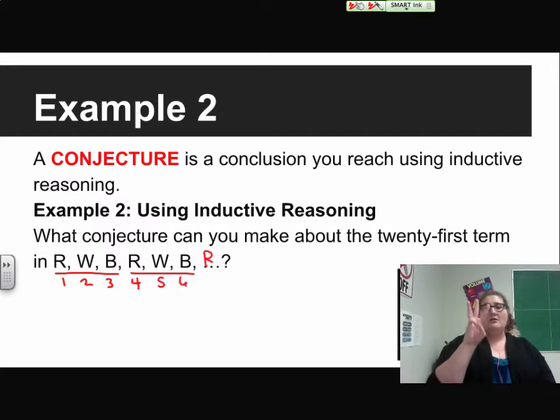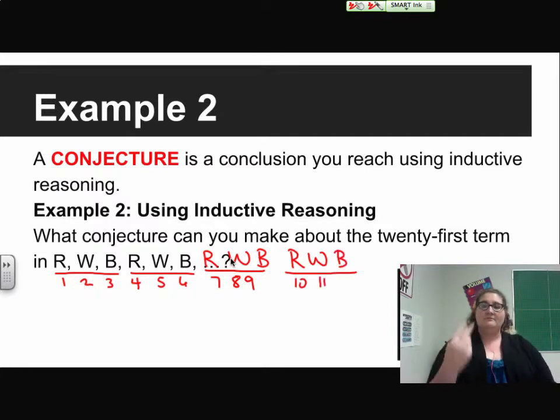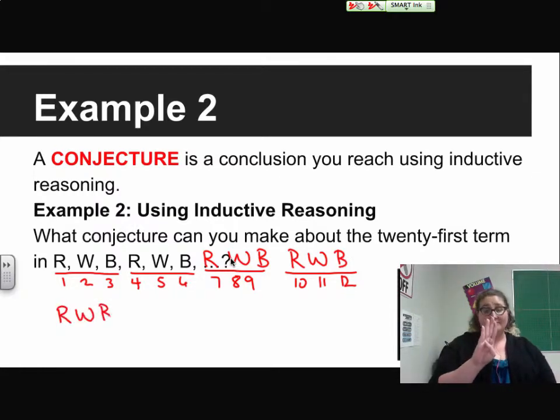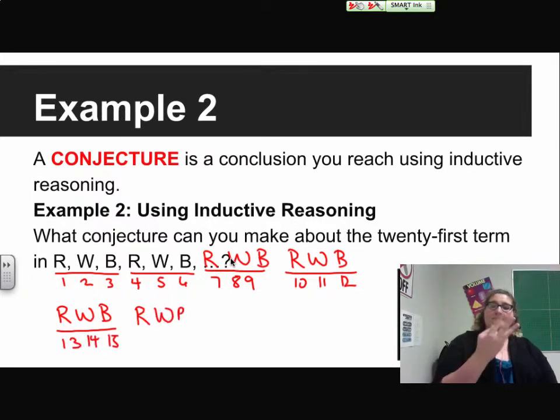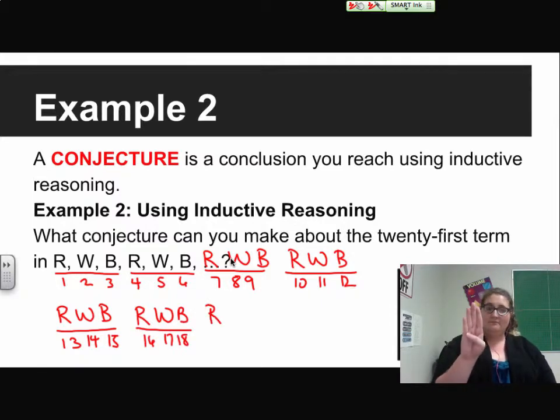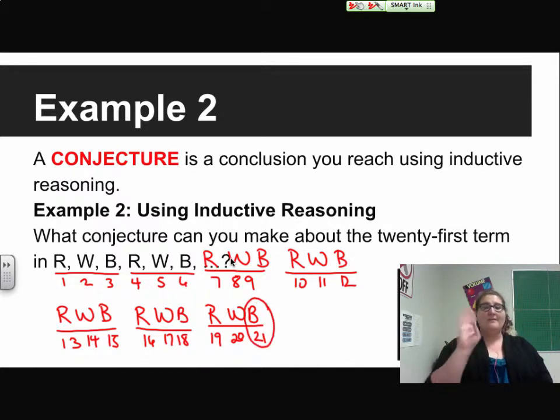So I'm going to have RWB, 7, 8, 9, RWB, 10, 11, 12, RWB, 13, 14, 15, RWB, 16, 17, 18, RWB, 19, 20, 21. So our 21st term is B.